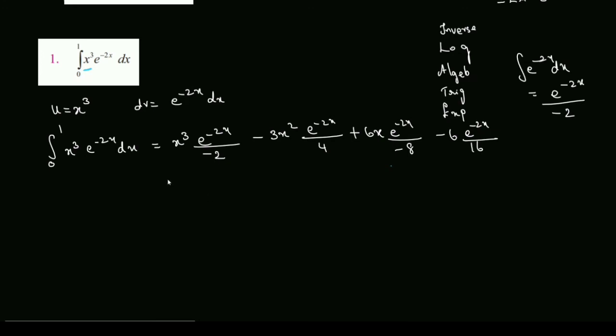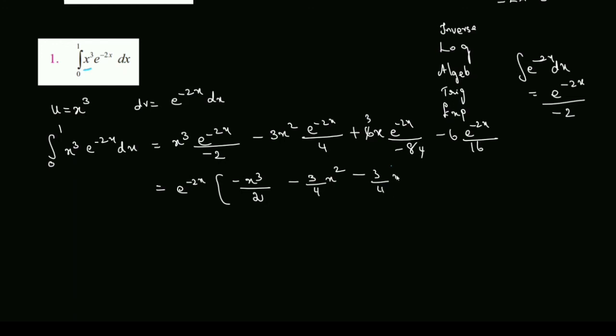Now we can simplify this. You can take out e power minus 2x, which is common everywhere. So you get minus x cube by 2 minus 3 by 4 x square minus 3 by 4 x minus 3 by 8, after cancelling 2 into 3 and 2 into 4.